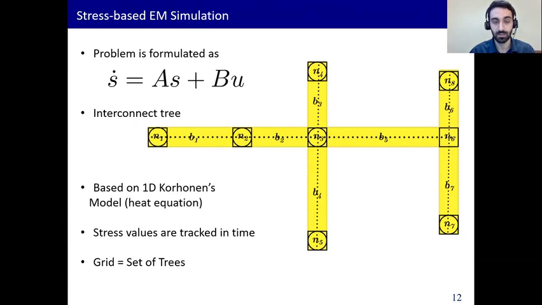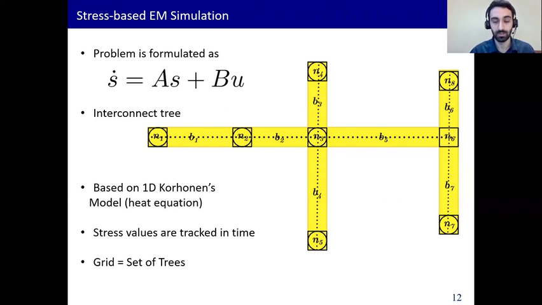Emerging solutions are stress-based, which means that they rely on tracking the stress evolution inside the metal branches of the power grid, as opposed to the empirical approach. They are based on a physical model called Korhonen's model, which is essentially a heat equation that is discretized in space.